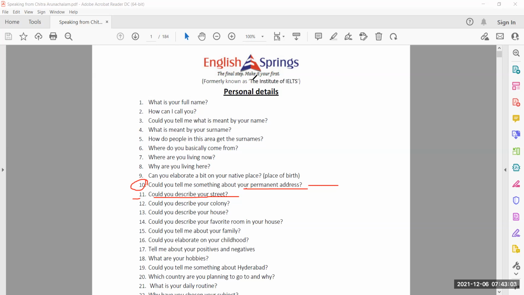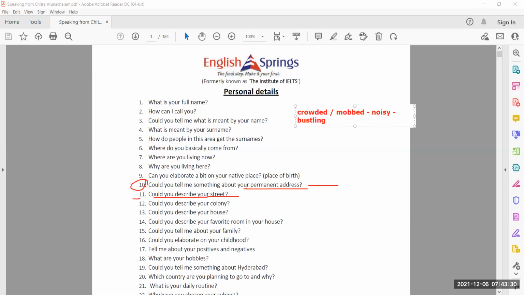So when you're asked to talk about your street, first of all you can describe what kind of street you come from. Use some describing words. For example, you can say that your street is so crowded, or you can use the word mobbed, or noisy, bustling.